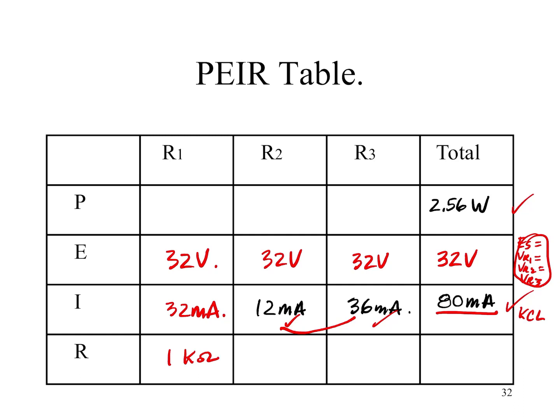Then you move on and you go 32 divided by 12 times 10 to the minus 3 to give you 2.67 kilohms. And then you're doing your last one, 32 divided by 36 times 10 to the minus 3 to give you 889 ohms.